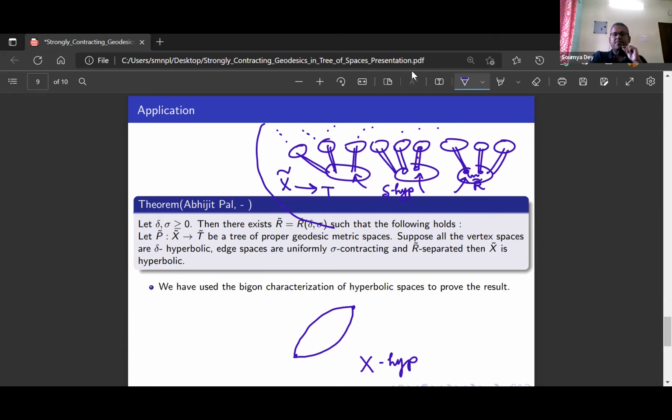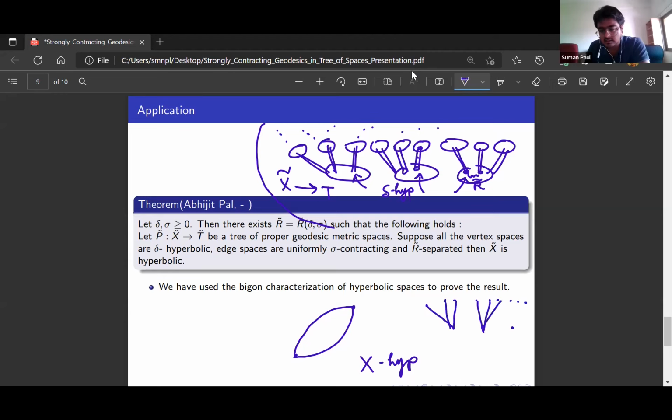So for each of these spaces, we get one vertex, and if there is a gluing, there is an edge like this, and this is going on. So you're basically collapsing all these spaces to get the tree, right?